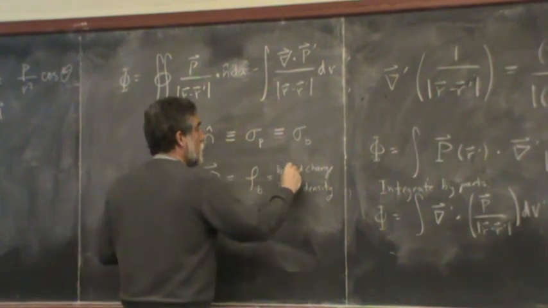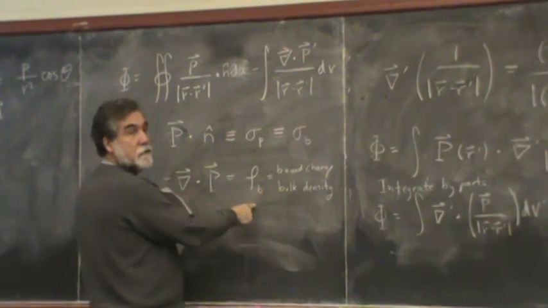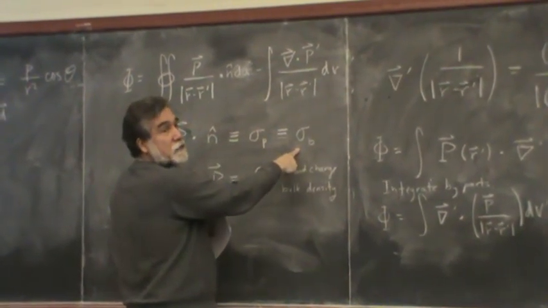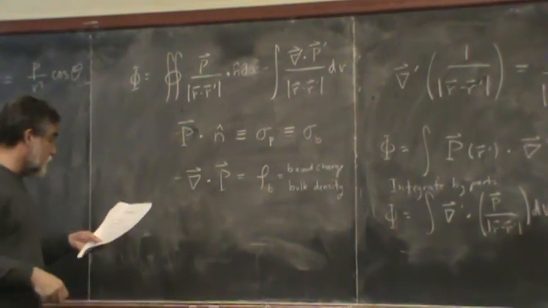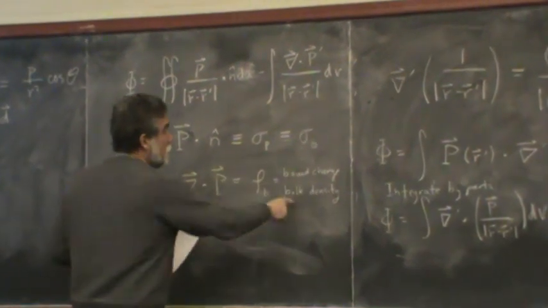This is the charge that's bound throughout the bulk of the material, so bulk density. And this is the bound charge that's sitting on the surface of the material. Okay, so surface density. So I don't like using B because you might think of bulk.